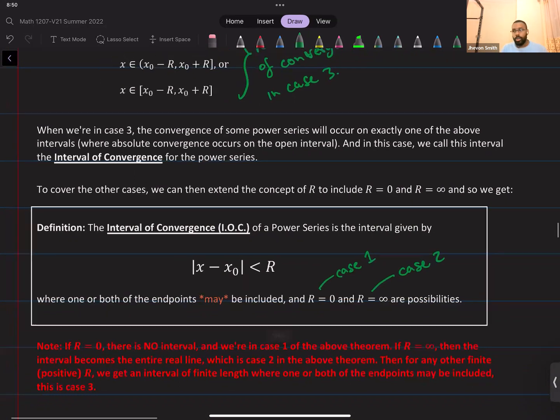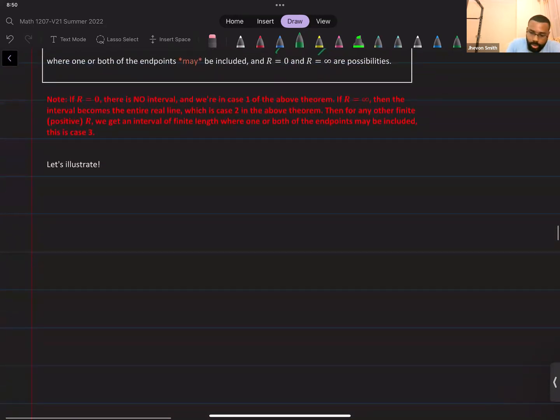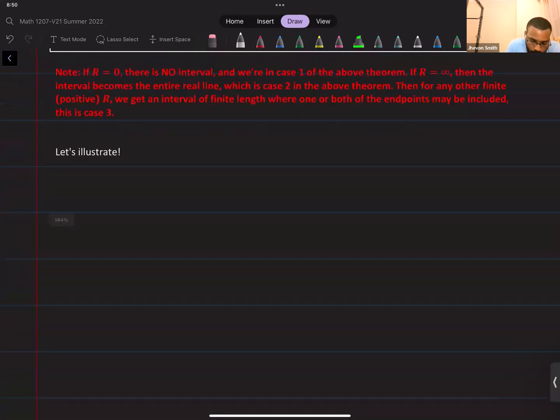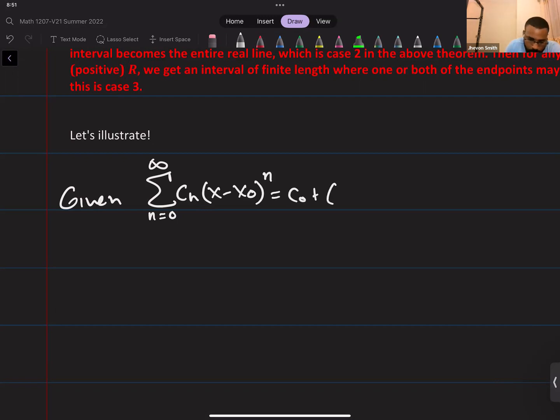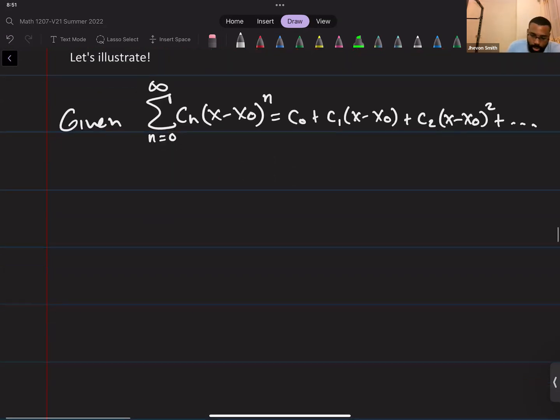And so we can have a series. To illustrate, given this series, the possibilities for where it converges.